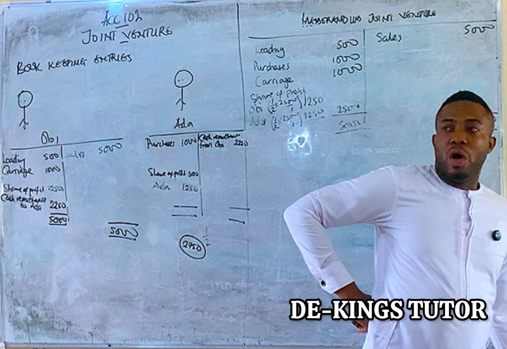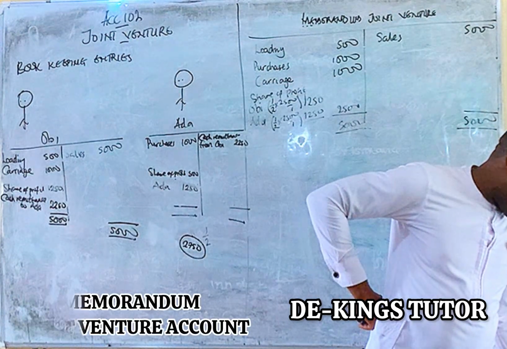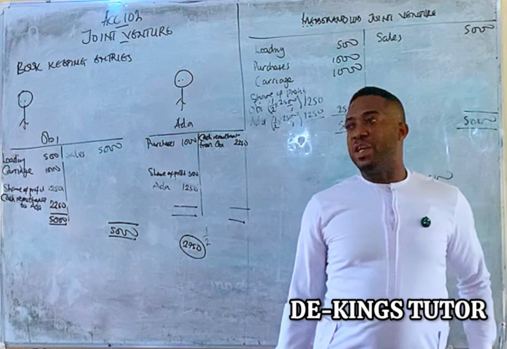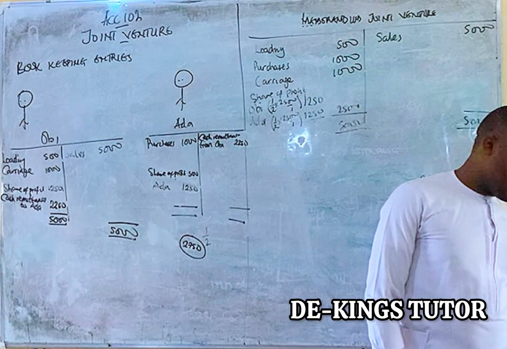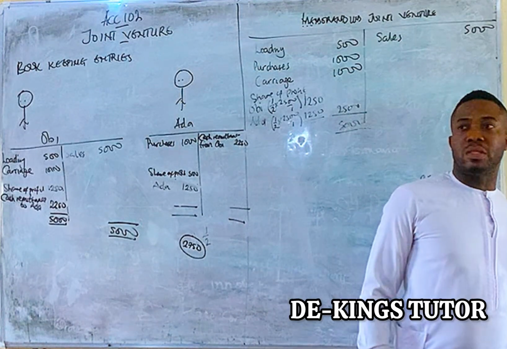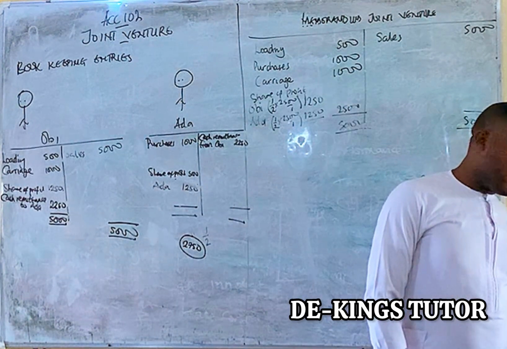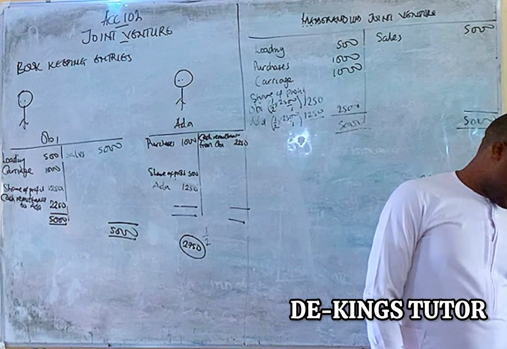It is called the Memorandum Joint Venture Account. The Memorandum Joint Venture Account is debited with all the trading expenses and credited with the total sales.